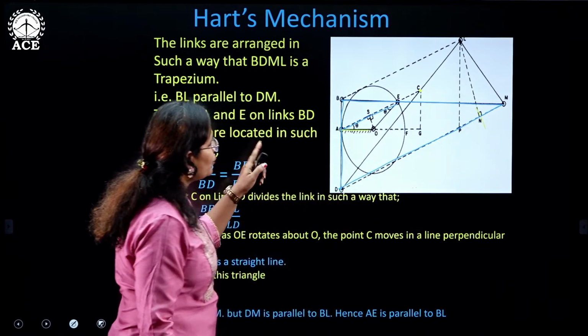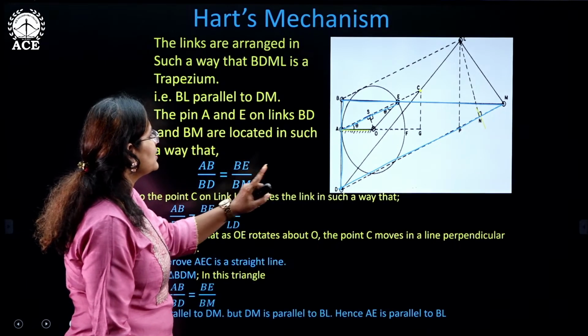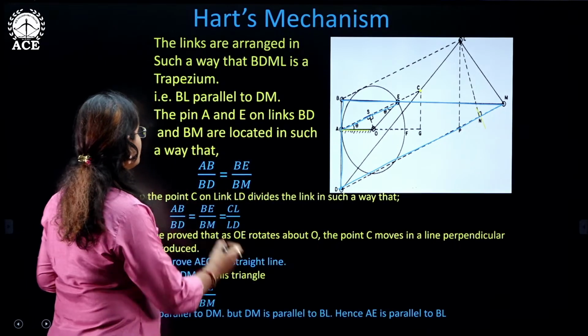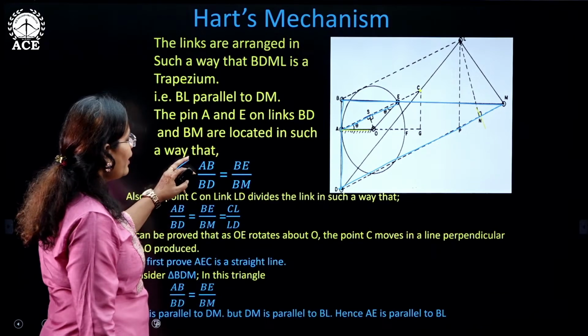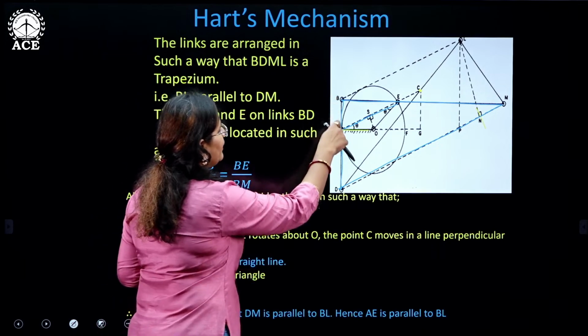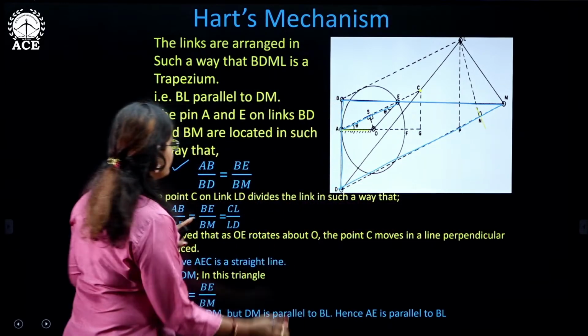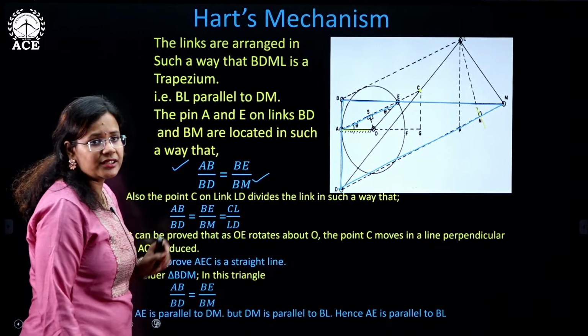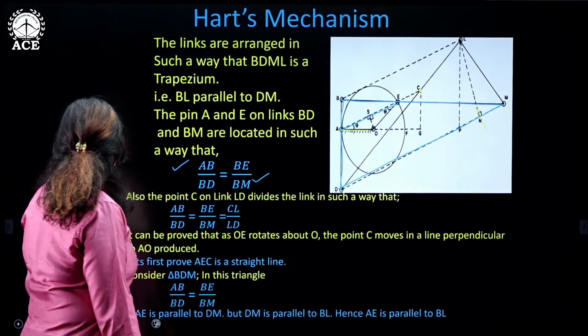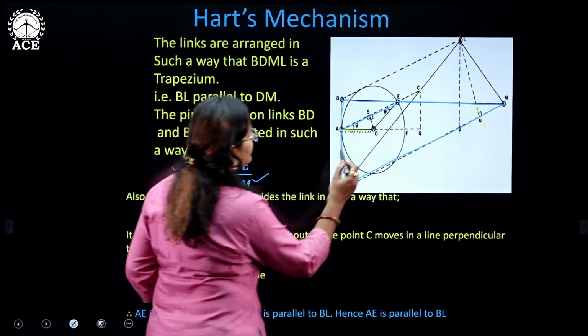If you see these two triangles, they are similar triangles. So once they are similar triangles, can I write the ratios like this? AB by BD is equal to BE by BM. Can I write that? That is what I have written over here. So we got this condition. Whenever we are trying to take the other triangle, let us say see this triangle now.